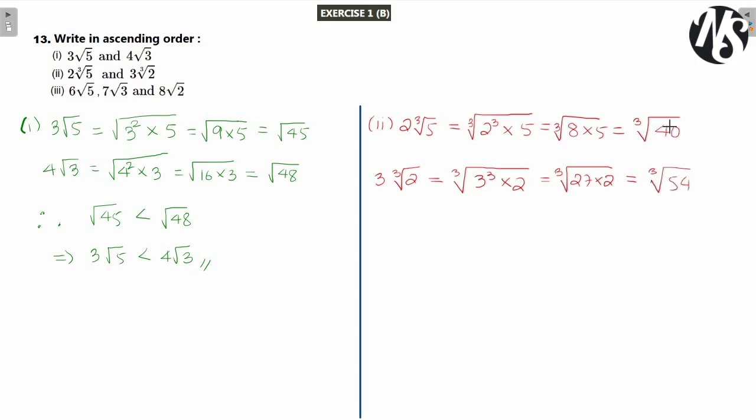Now which one is bigger? Obviously this is bigger, so cube root of 40 is less than cube root of 54. Cube root of 40 is nothing but 2 cube root of 5, which is less than 3 cube root of 2. So this is my ascending order for you.